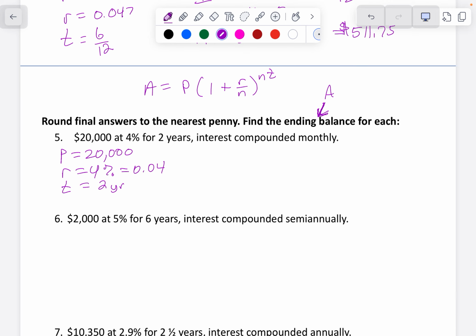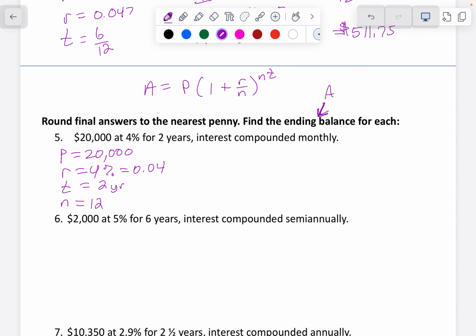So you still pull out the same information like we did for the first 4 problems, except now we have this n thing that pops up. They said they're going to compound the interest monthly. The n is how many times that would happen in a year. How many months are there in a year? 12. So that's why our n will be 12. Now, I'm going to remind you how to enter those things into the formula without doing funky things in your calculator, just so that you can make sure that the calculator is only as smart as the person entering the information in.